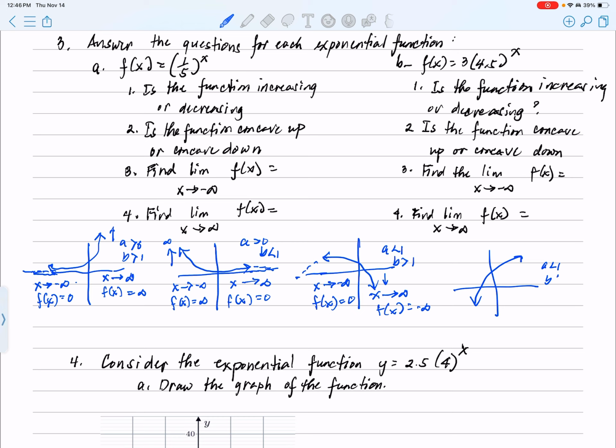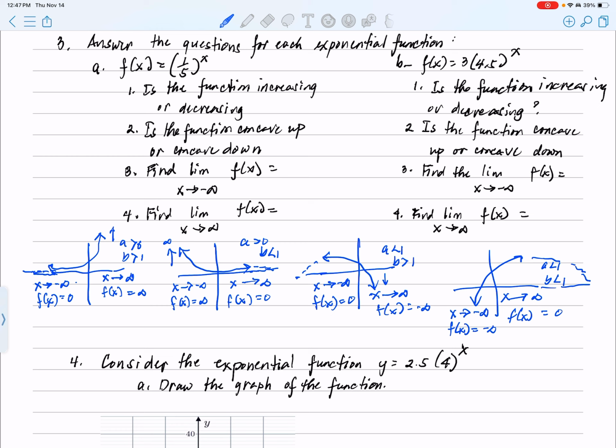So as x approaches positive infinity, this time it goes that way until it equals 0. While here, as x approaches negative infinity, the function equals negative infinity.